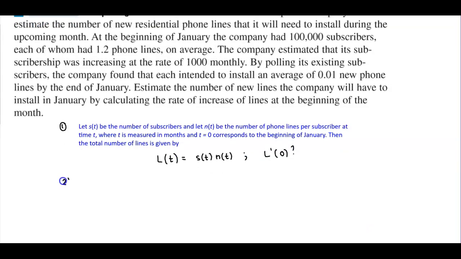According to the product rule, we have L prime of t, which is going to equal the derivative with respect to t of S of t times N of t.